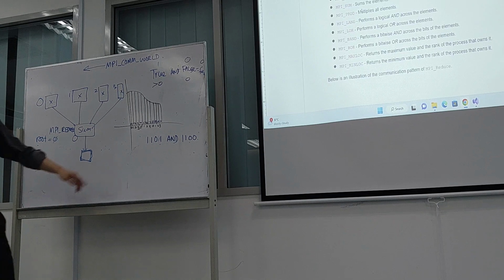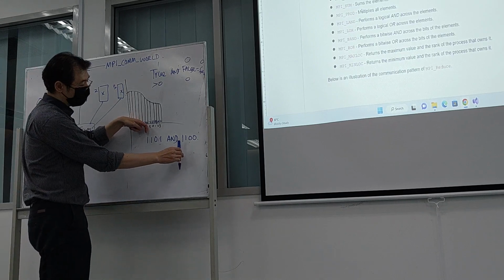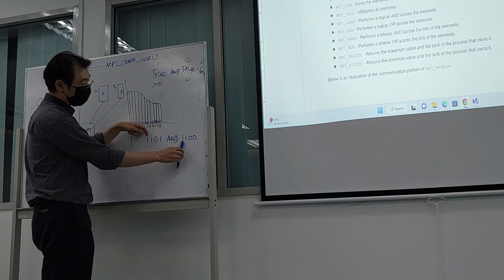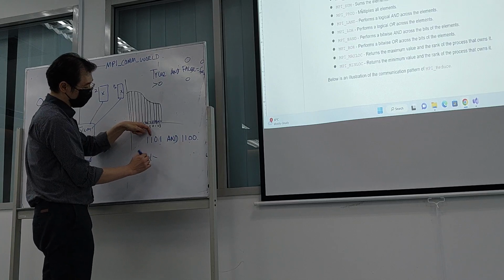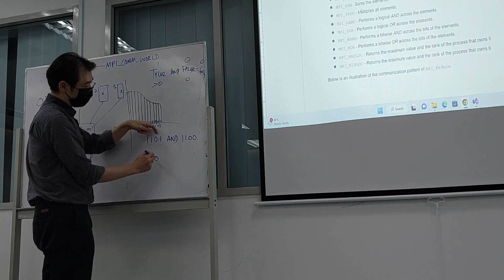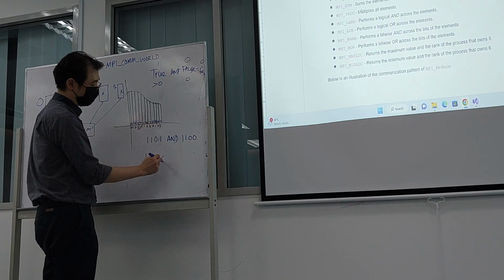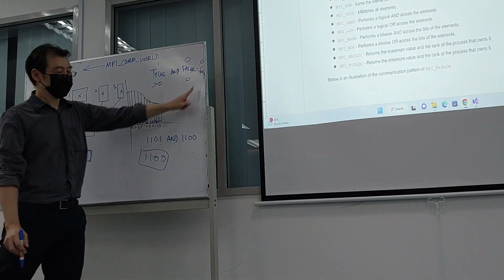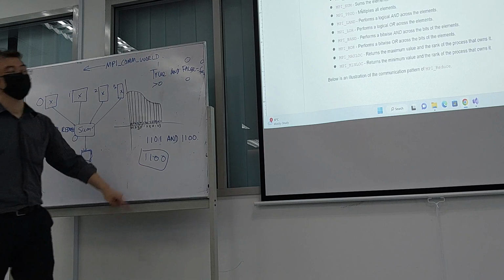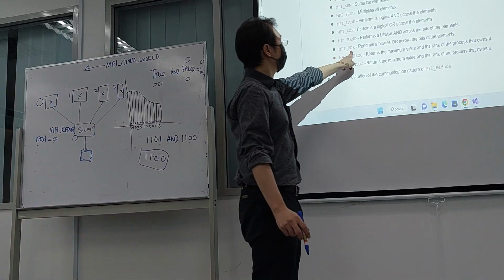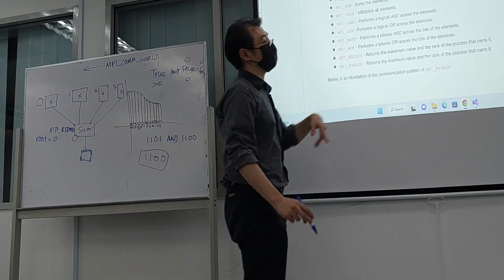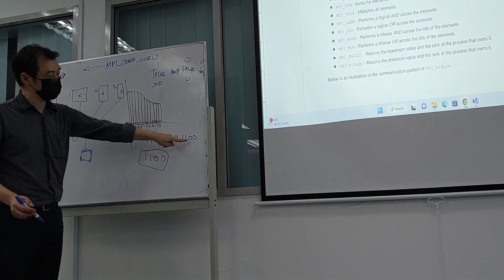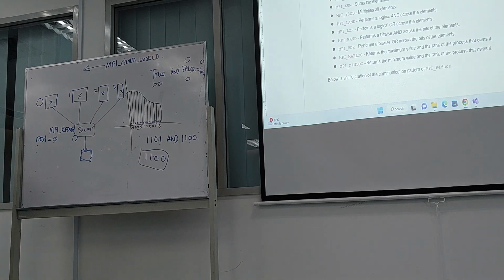So bitwise AND is basically doing it bit by bit. So 1 with 1 is 1. 1 with 1 is 1. 0 with 0 is 0. 1 AND with 0 is 0. So this is the result. It's not true or false, it's this bitwise AND. It's the same with bitwise OR and logical OR. Logical OR is basically just true or false, but bitwise OR is doing ORing bit by bit. That's the difference between these two.